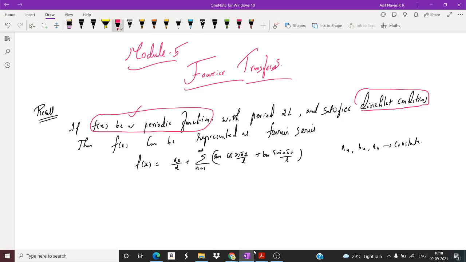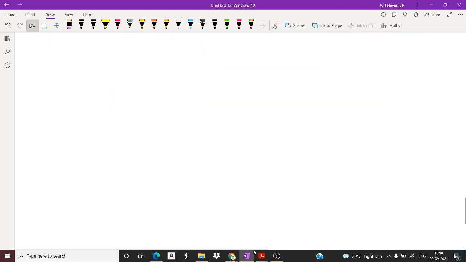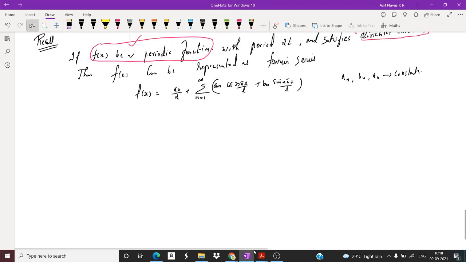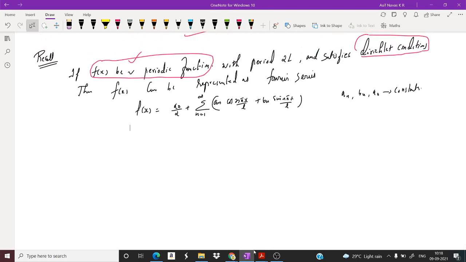Now, if the function is not periodic, can we represent it in a series form? The answer is no, we cannot represent it as a series form.